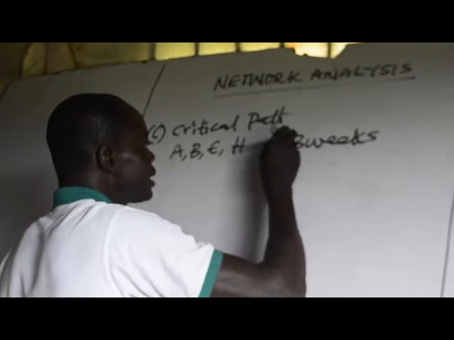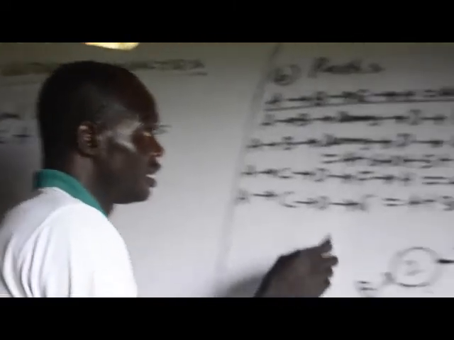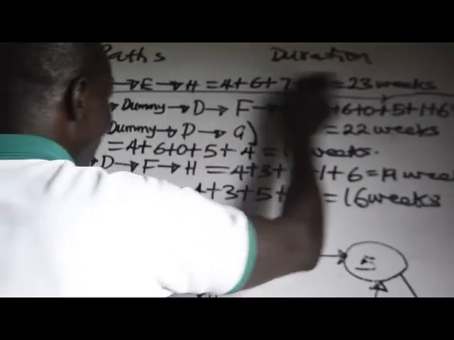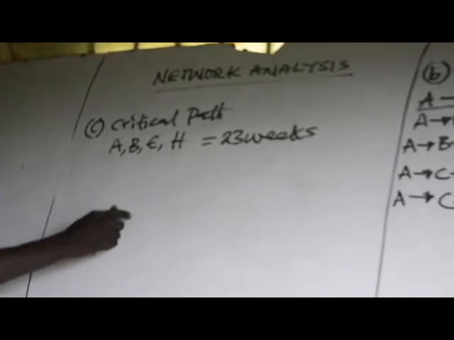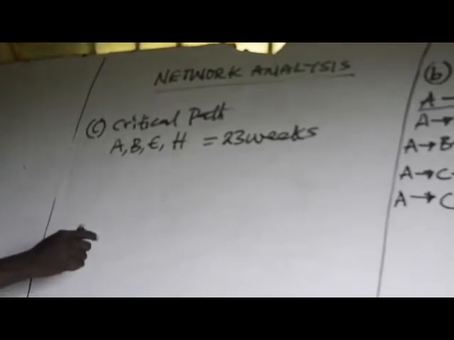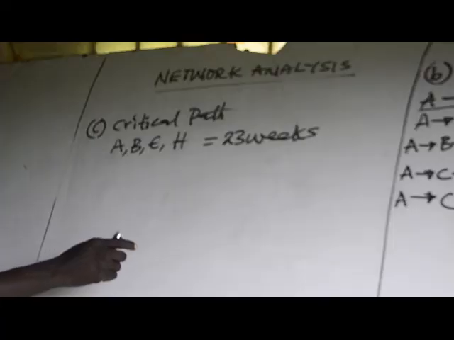The critical part is 23 weeks. I've told you that the critical part is the part with the longest duration, and you also have to identify the critical activities.